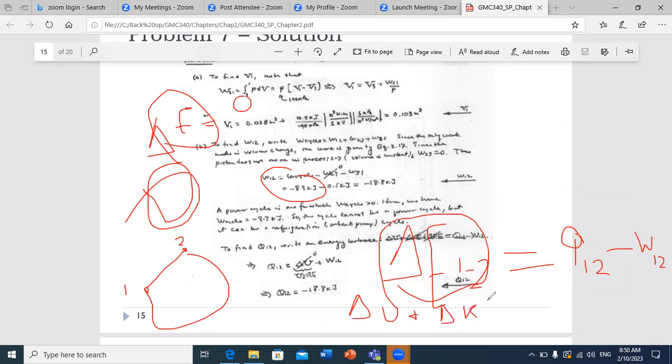But they told us in this problem that you can neglect any variation in kinetic and potential energy, so these two terms are 0. Also for the process from 1 to 2, delta U is 0 because U1 is equal to U2. So we deduce here that Q12 is equal to the work between 1 and 2, equal to minus 18.8 kilojoule. So we have heat loss through this process to the surroundings.